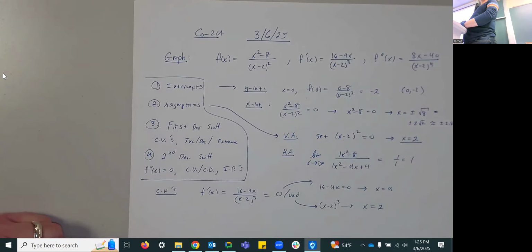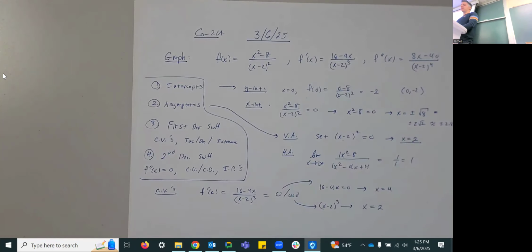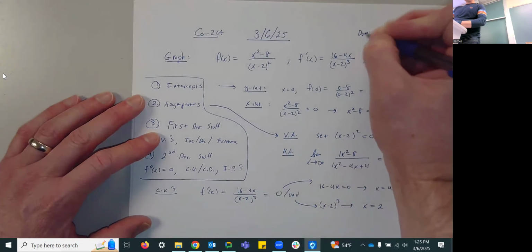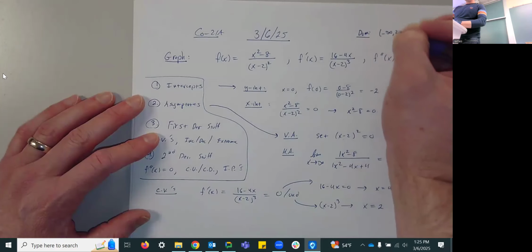We know x equal to 2 makes your derivative undefined because x equal to 2 isn't even in the domain of the function, which maybe is something we should have started with. I don't think you really need to state the domain of the function, but it's not a bad idea. So it probably would have been a good idea to say, hey, our domain is everything except for 2.